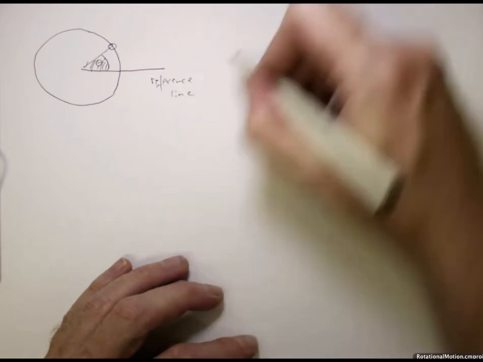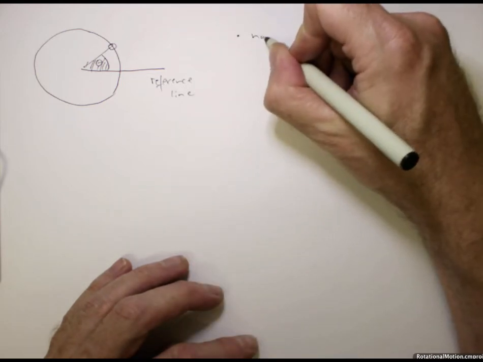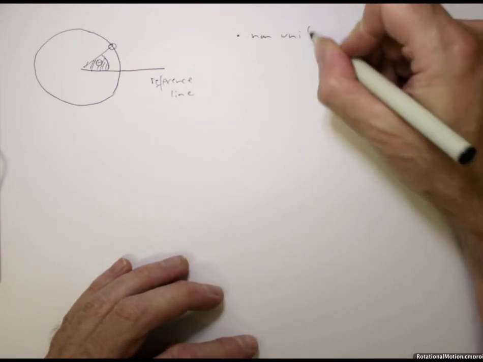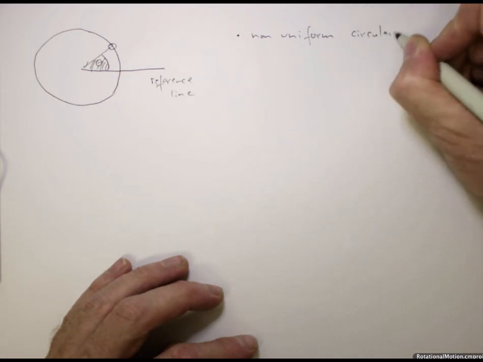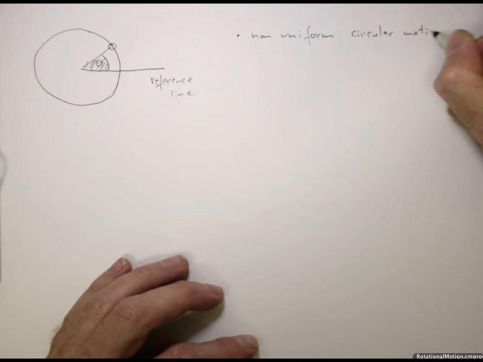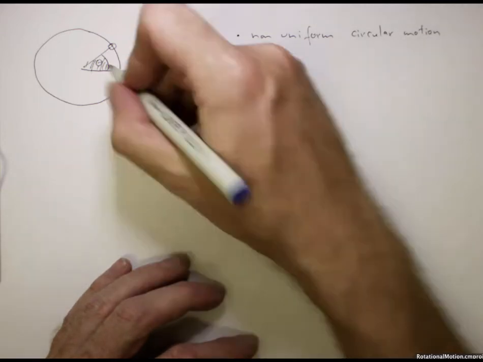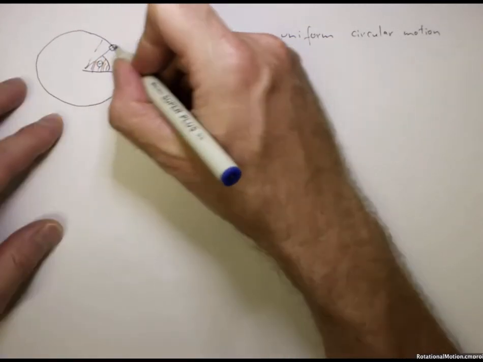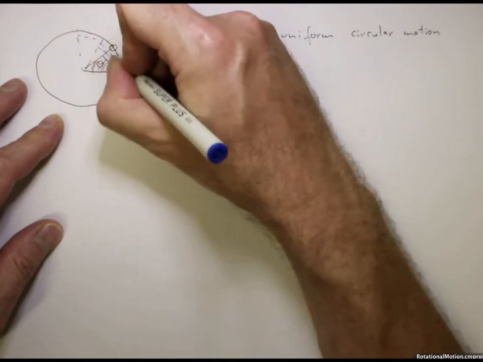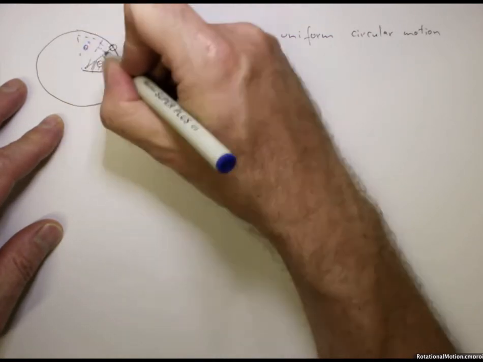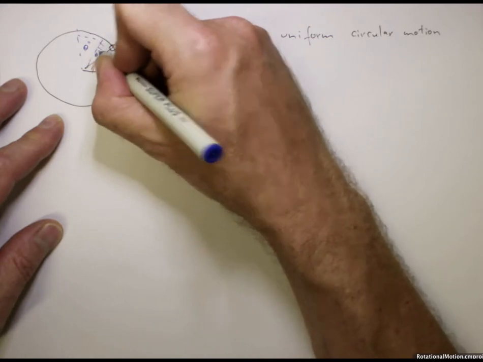Because our motion is non-uniform, we have non-uniform circular motion. This means that theta will increase. This might be theta 2 prime, theta prime.